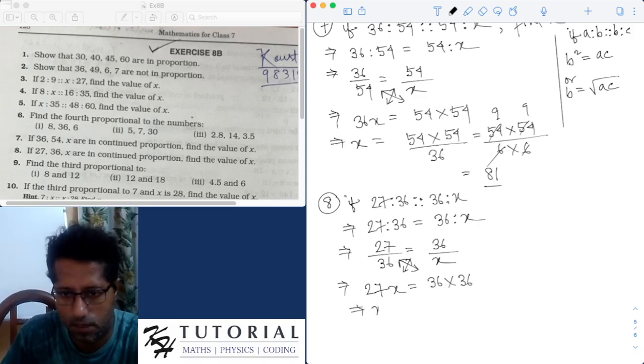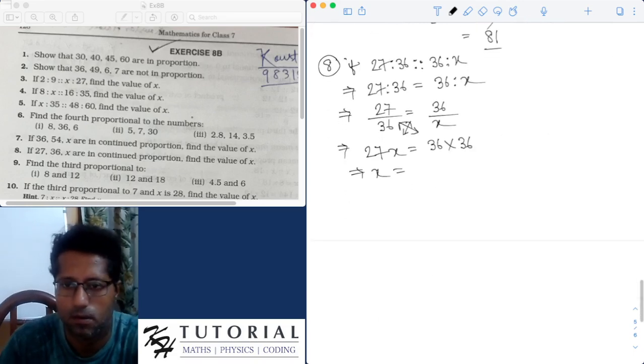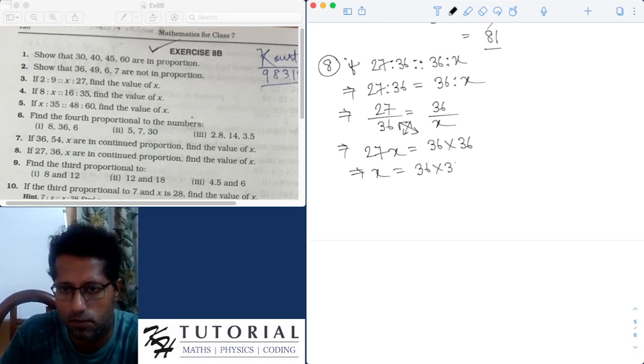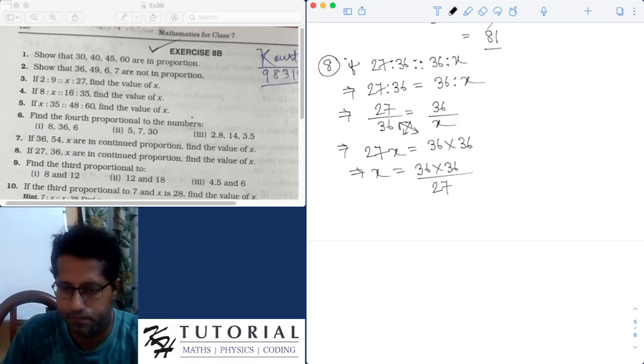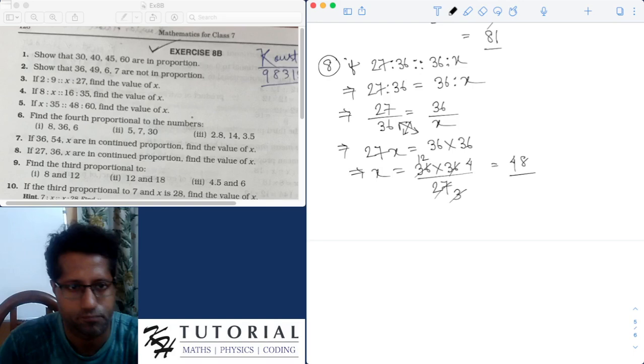This implies x equals 36 into 36 divided by 27. Okay, if we do the cancellation, 9, this is 3, this is 4, and this is 12, so this is 48. So x is 48.